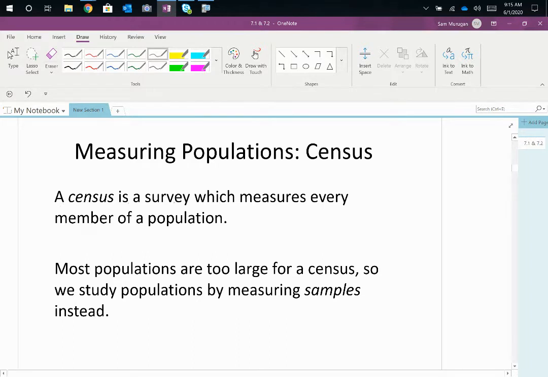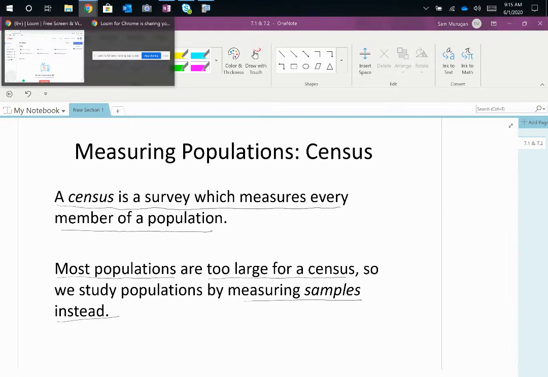So a census is a survey which measures every member of the population. If everybody truthfully fills out the information required in the census, then we would have a measure of every member of the population. Most populations are too large for a census, so we study populations by measuring samples instead.